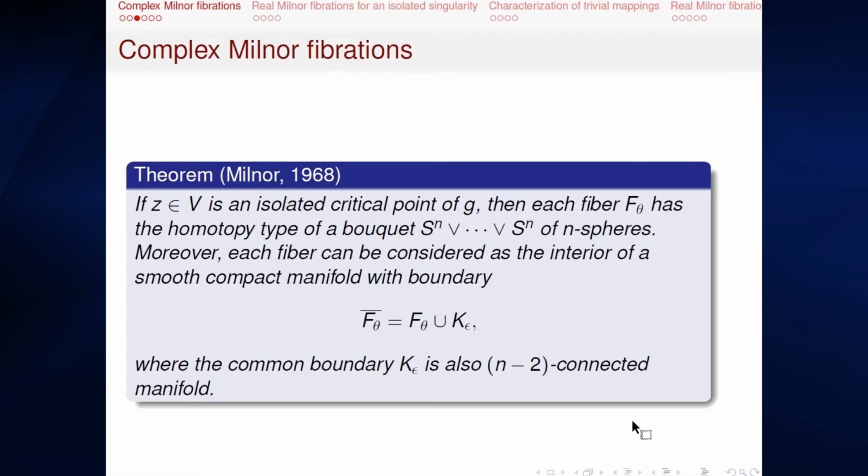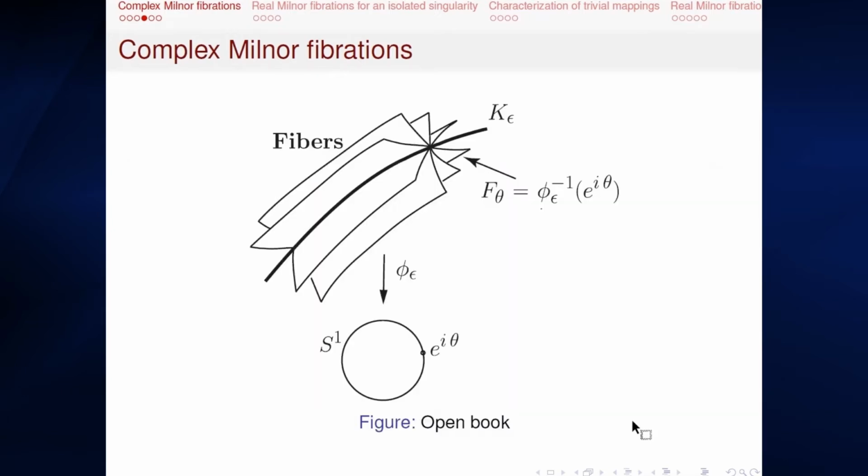All the fibers have the link as boundary, and the link is also n-2 connected. The link is a common boundary of the fibers, so there is an open book structure.